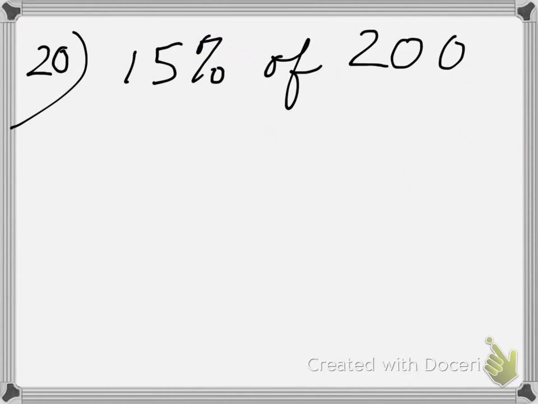Okay, for number 20, we have 15% of 200. So for this one here, we're going to go ahead and translate this into a sentence. One of the key things that they're learning this year, they have to remember, is that of means multiply.